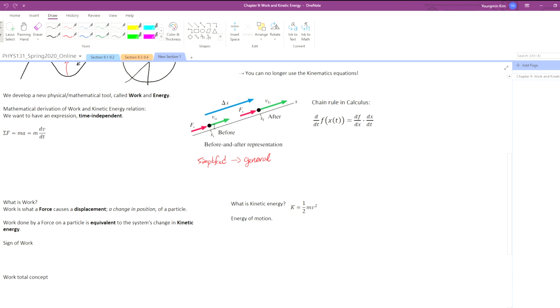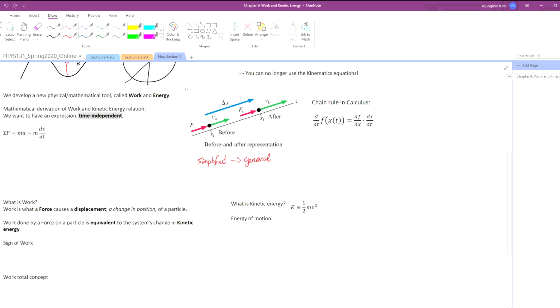Now, of course, this takes place in time, right? So starting from the initial to the final, you can set this as initial position and final position, or you can also set it as initial time and final time. However, what we're going to develop is an expression that is time independent.